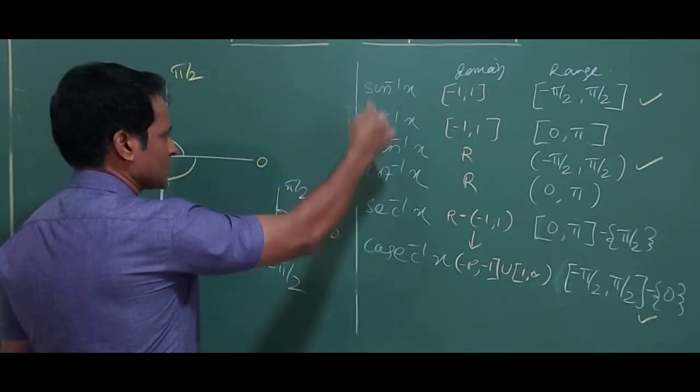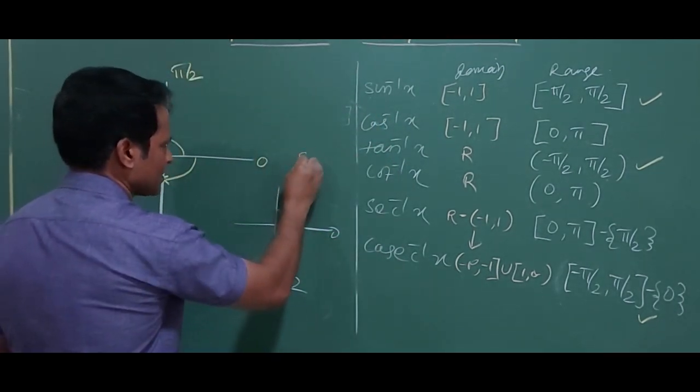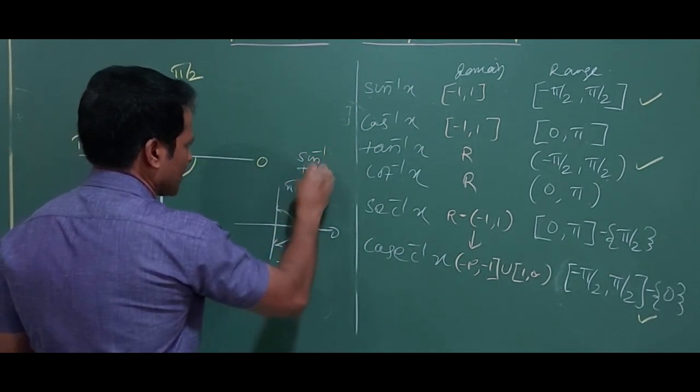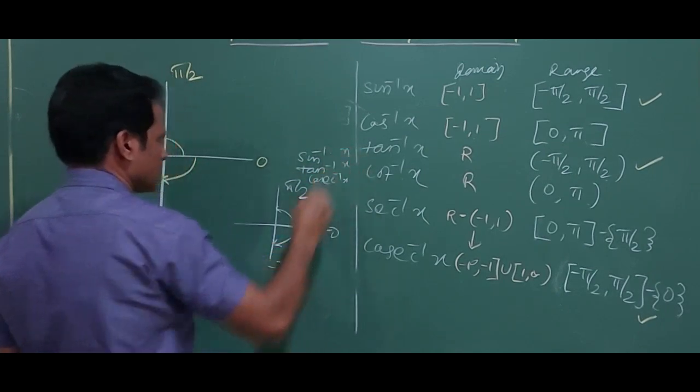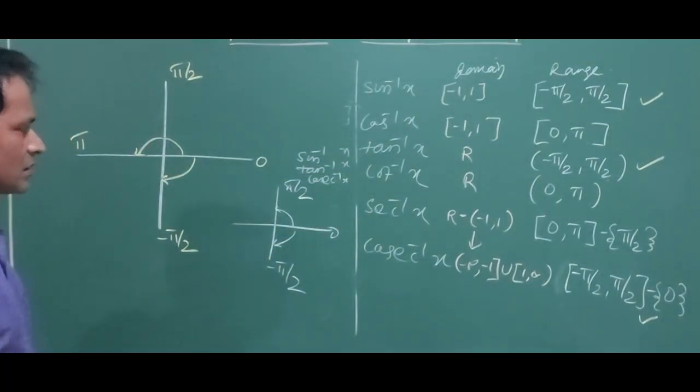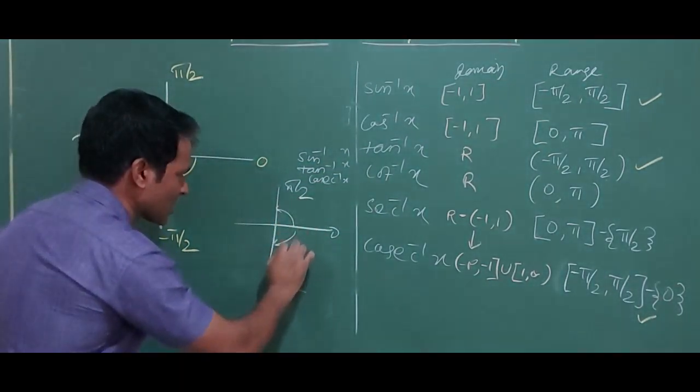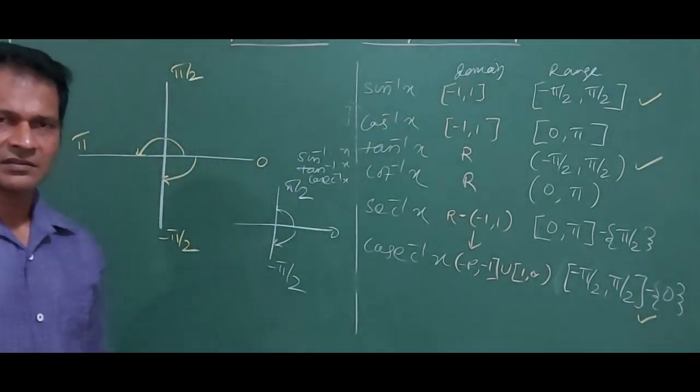Sin inverse, tan inverse, cosec inverse come here. That means in between these two quadrants only these three lines.